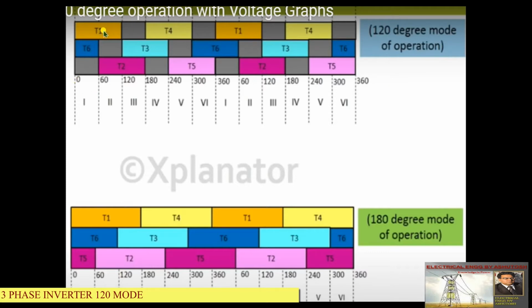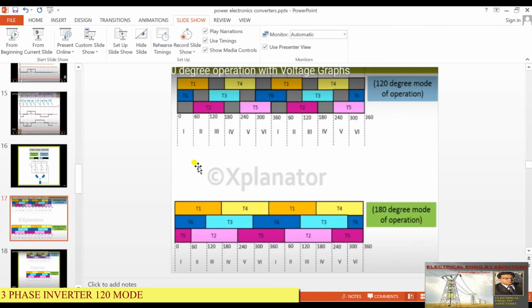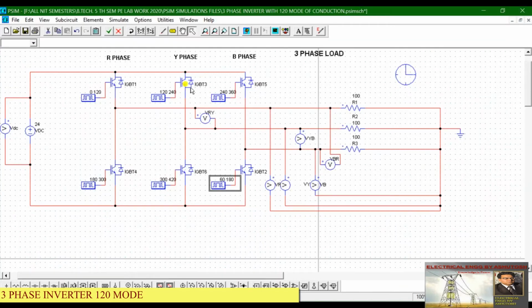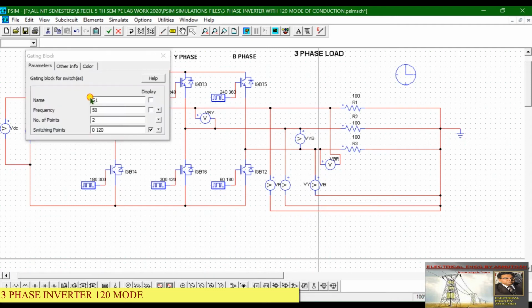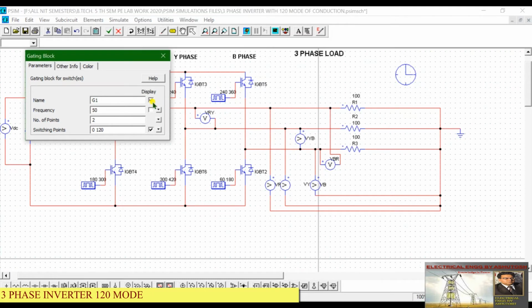At first T1 conducts. You can see T1, IGBT 1, conducts, and the switching sequence we have used here is from 0 to 120 degrees. This is the G1 block; we have named it G1, gating block 1.